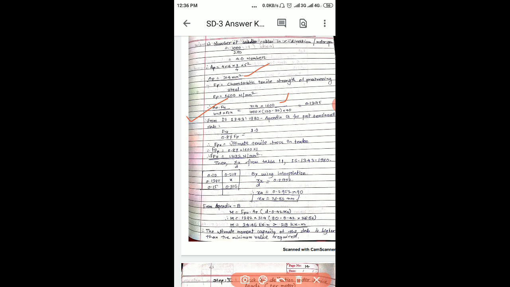D is the depth of slab. Total D we have assumed as 120, and small d is obtained by subtracting the cover. The cover for the bottom is taken as 30, and fck 40 is given.